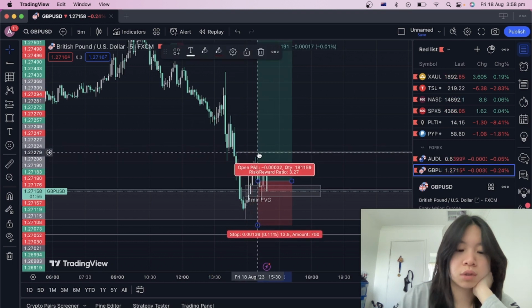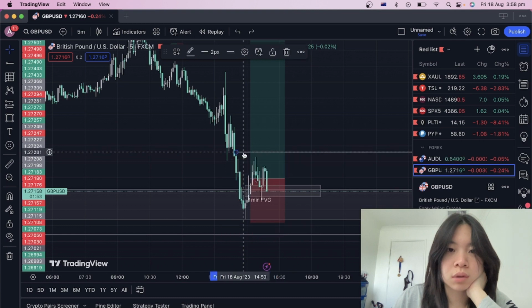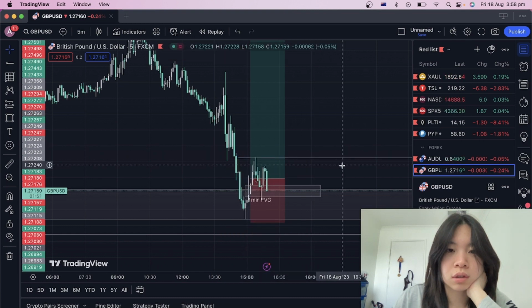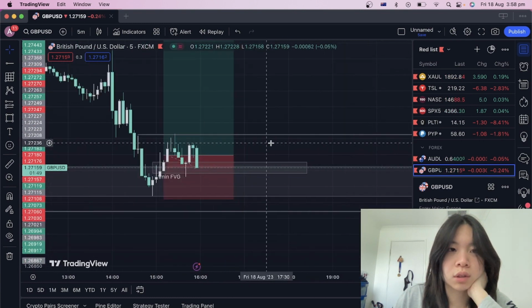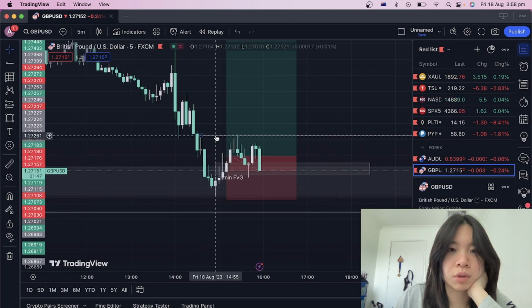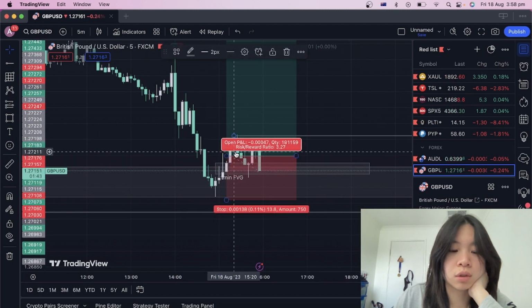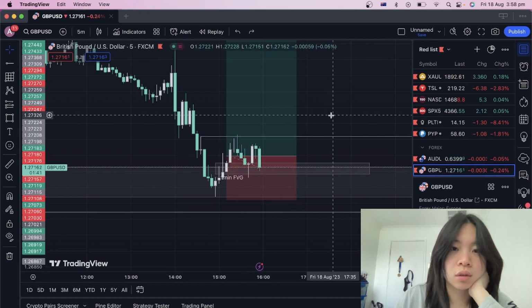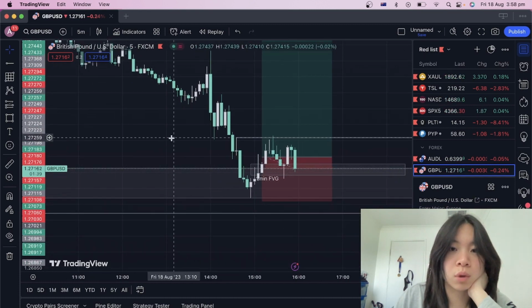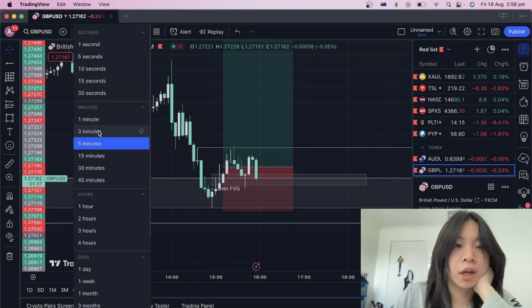Previous high was actually here, so we didn't close above that high yet on the 5 minute. It only really broke structure on the 1 minute, and I just entered off that.